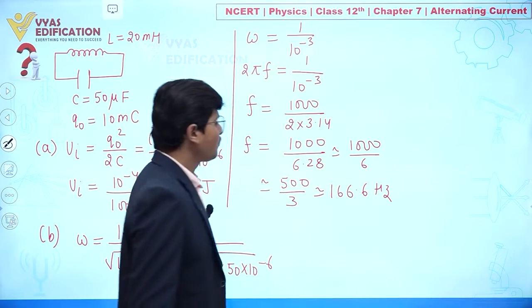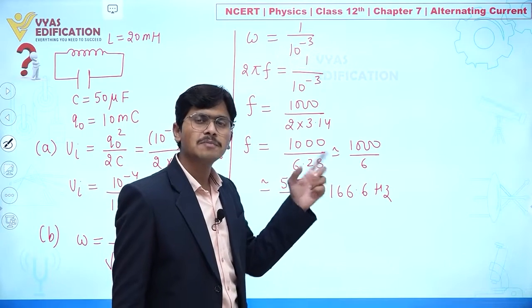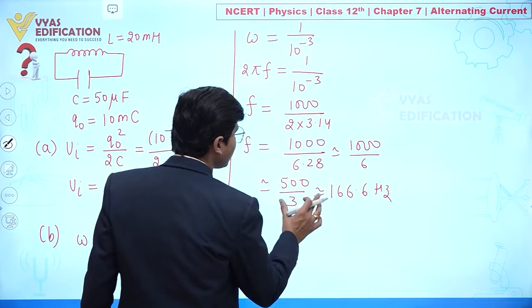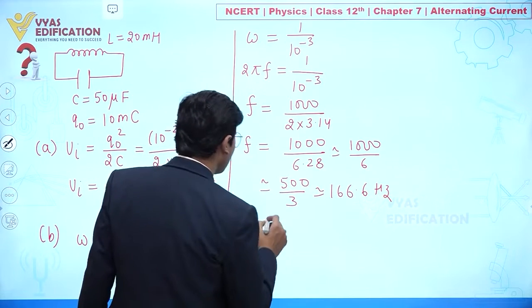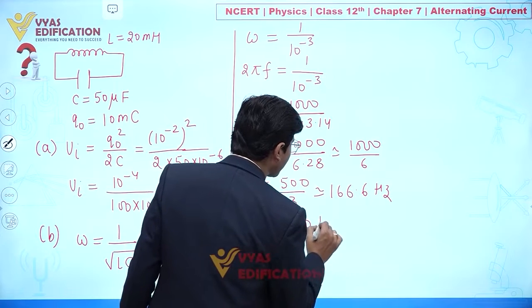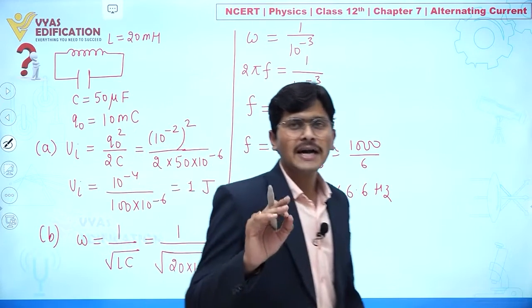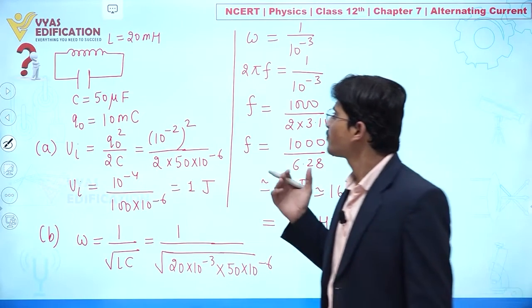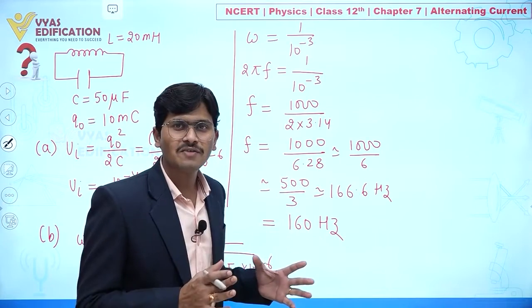But actually here we have the value 6.28. It means definitely we will find this frequency is less than 166, or if you exactly calculate you will find this value is very close to 160 hertz. Clear? So natural frequency of this circuit is given by 160 hertz. Clear to everyone? Yes.